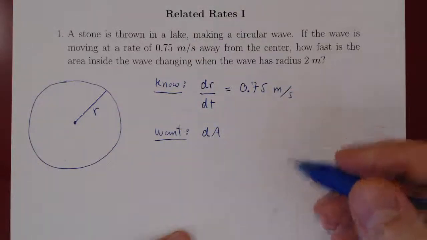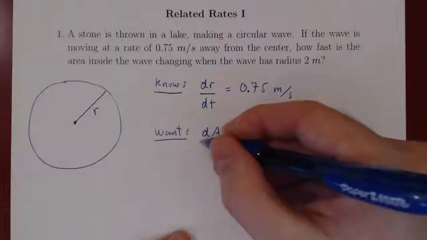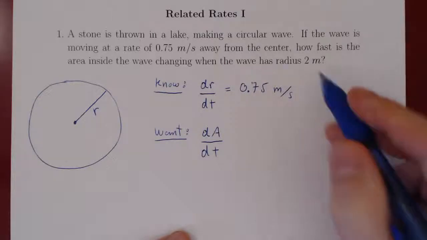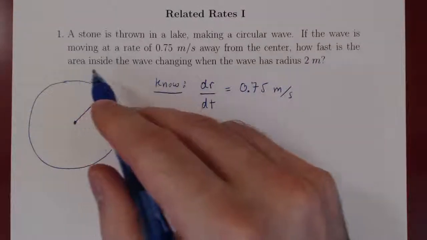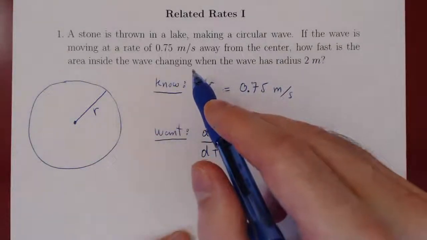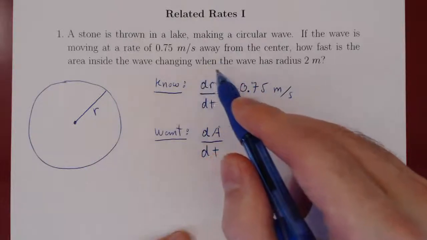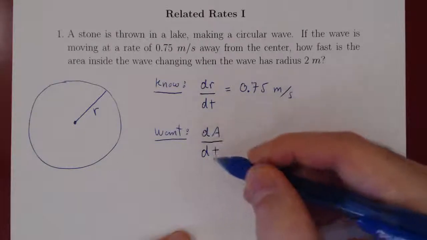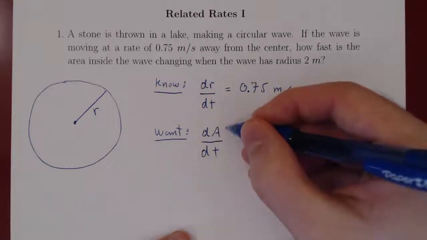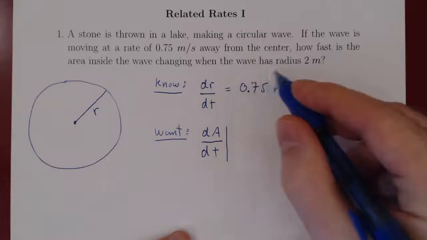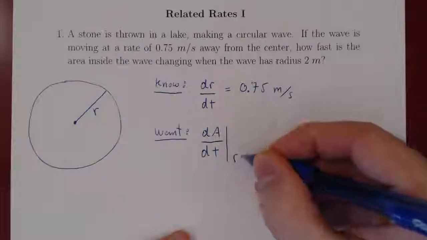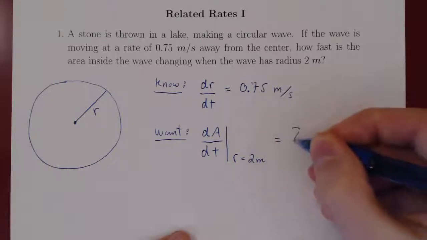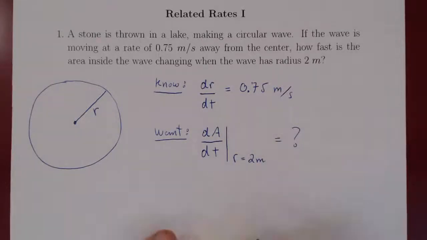So this is the derivative of the area with respect to time, dA over dt, specifically when the wave has a radius of 2 meters. That's what we want to find.